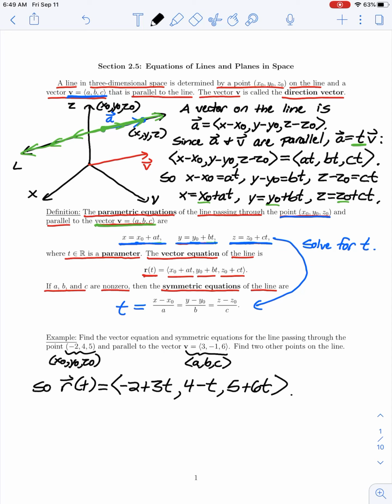We're also asked to find symmetric equations for this line. Our symmetric equations would be obtained by solving these parametric equations, which are the components of our vector equation, for the parameter t.